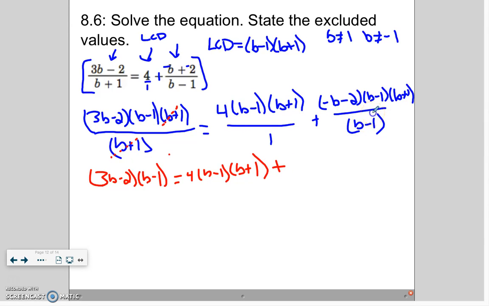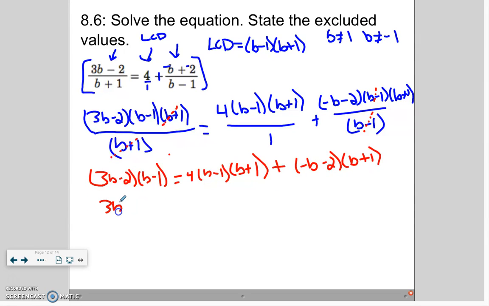Plus, the b minus 1 here is going to cancel, the b minus 1 here is going to cancel, and we're left with negative b minus 2 times b plus 1. So all of the denominators are now gone, creating a nice linear, or in this case it's going to turn out to be a quadratic function that we might have to solve, or might have to use quadratic formula, completing the square, or factoring. But first let's just find out what happens. So we need to simplify this.